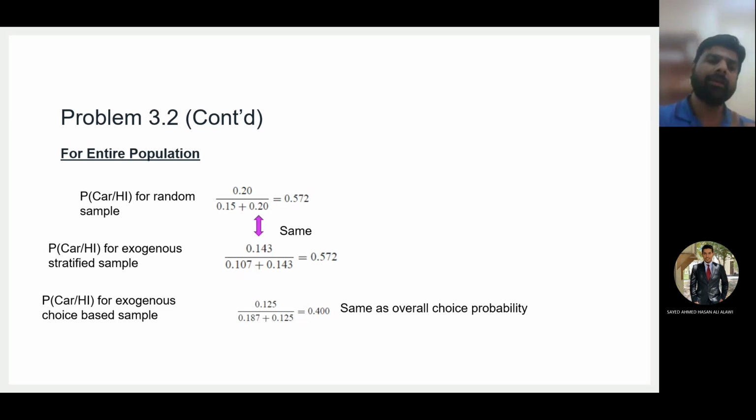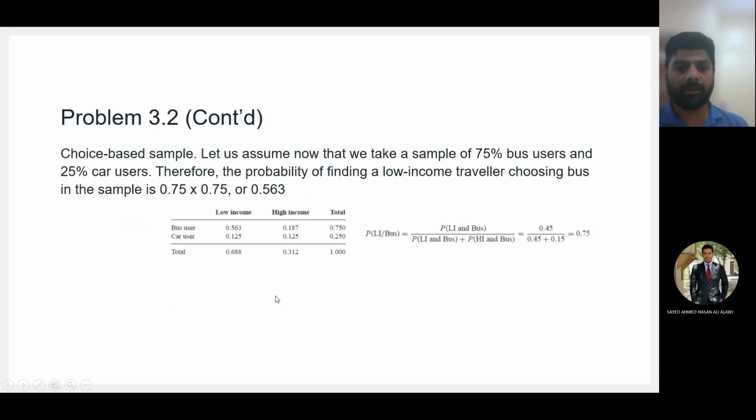Okay, so we collected 75% bus users and 25% car users. So in that case, when we calculate the possibility that a car user will belong to the high income group, it will be 0.125 in this sample. And how did we calculate it? We already did it in the last lecture. Okay, I'm not going through it again.